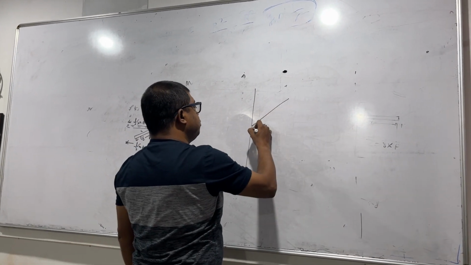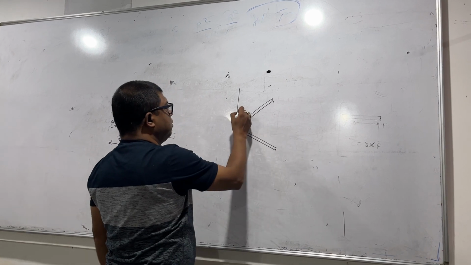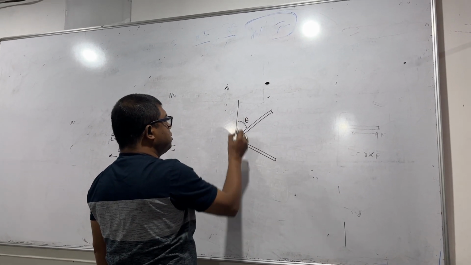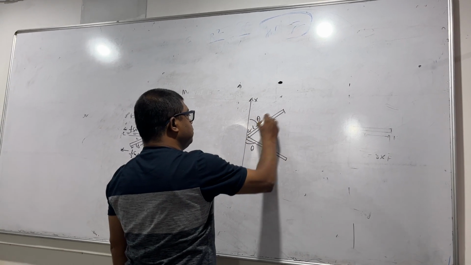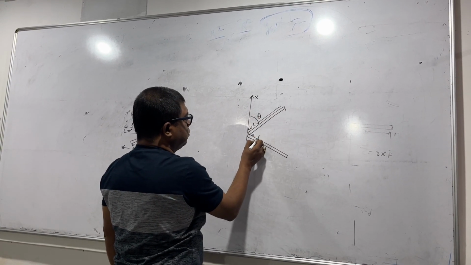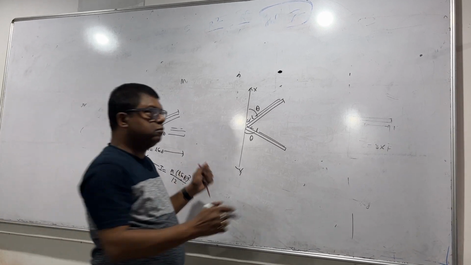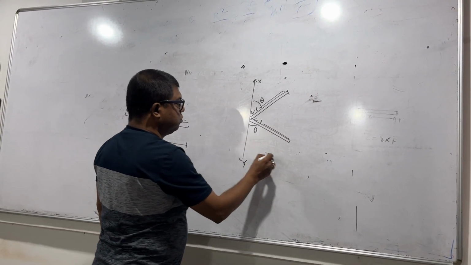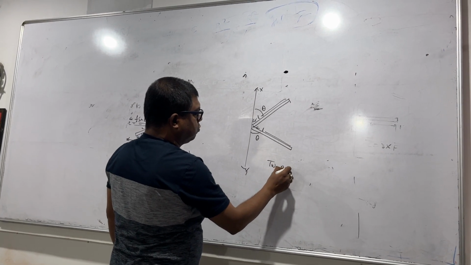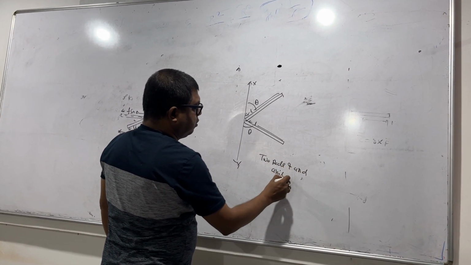And the axis, two rods are along these directions. This is theta and this is theta, and this is L. The two rods and the axis are lying on the same plane.